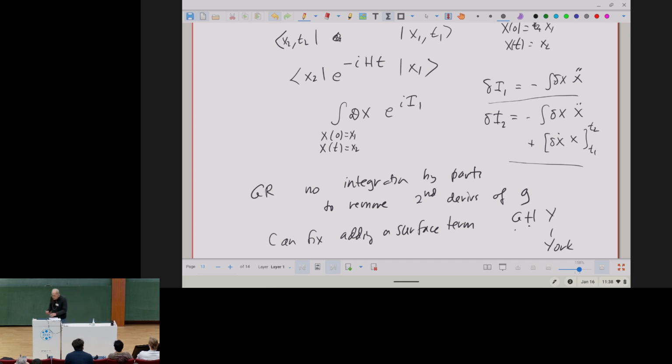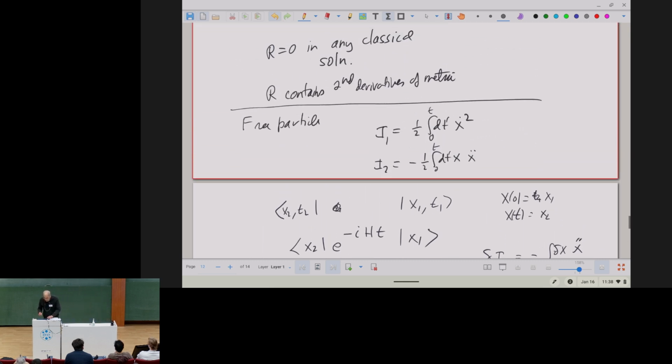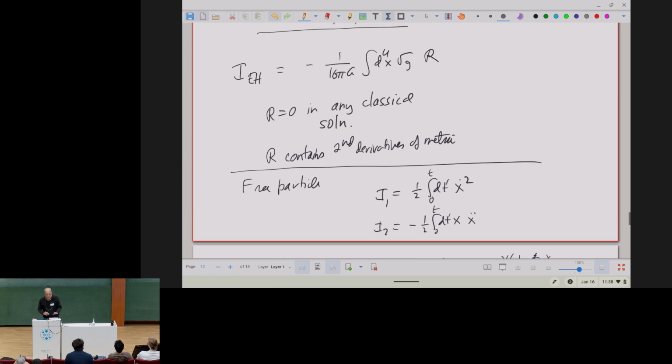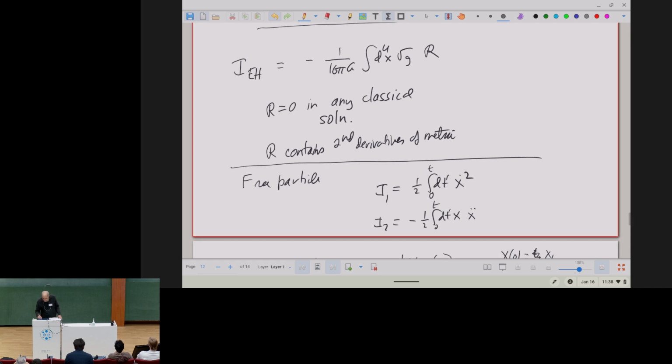In fact, in one approach, the whole answer comes from the boundary term. Since r is 0, there's no bulk contribution to the action, and the whole answer comes from the boundary term. That's the original approach of Gibbons and Hawking, and as I've said, you can find it in all kinds of places, including my lecture notes.